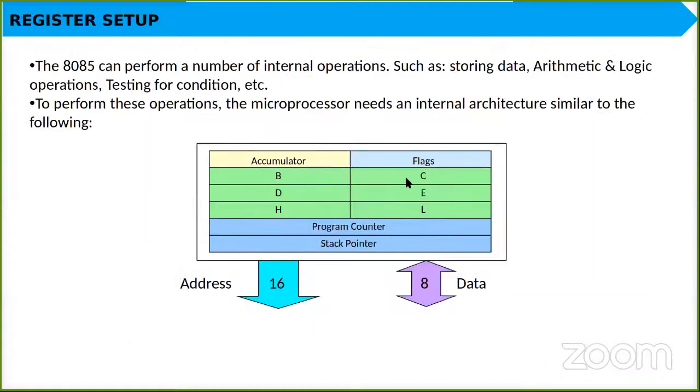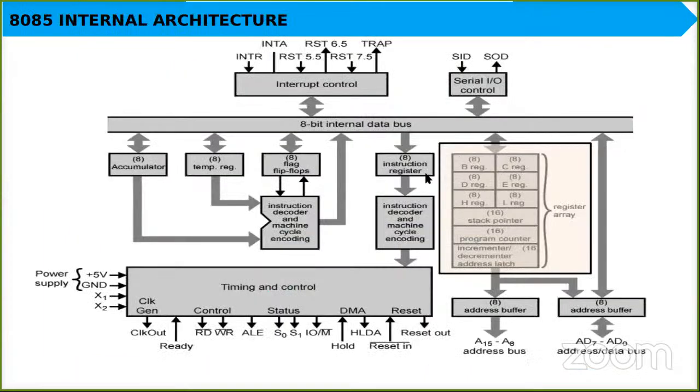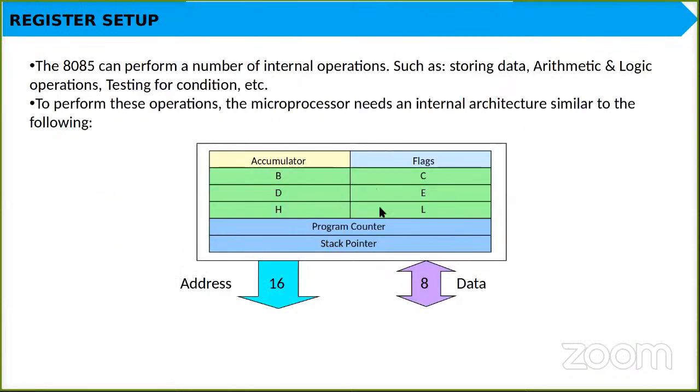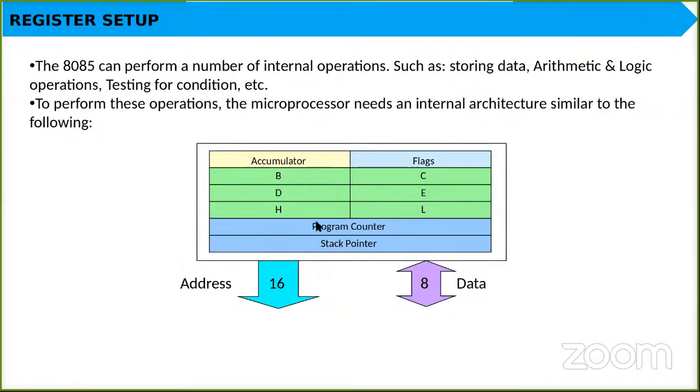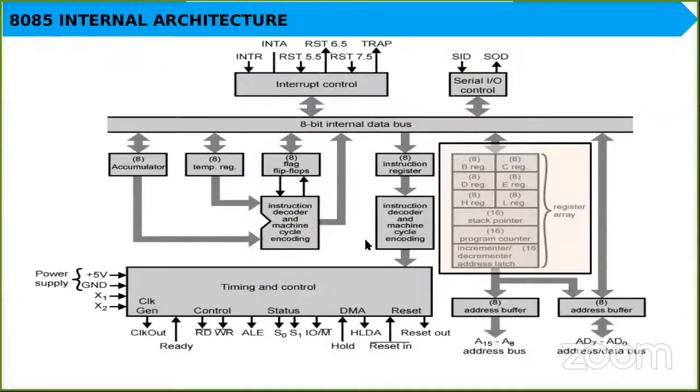Then you have the B and C register, that is there over here. B and C over here. Then you have D and E over here. Both are 8 bits. H and L are there over here. H and L are 8 bits. Then you have a few important registers called the program counter and the stack pointer, PC and SP. These are special 16-bit pointer registers as such.